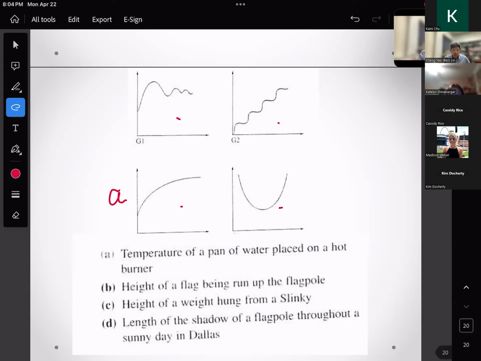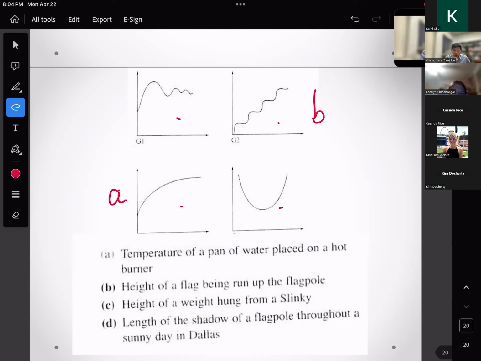Do you think this one, the first one, the second one, or 4? What do you think? The second one. The second one, correct. Put B there.